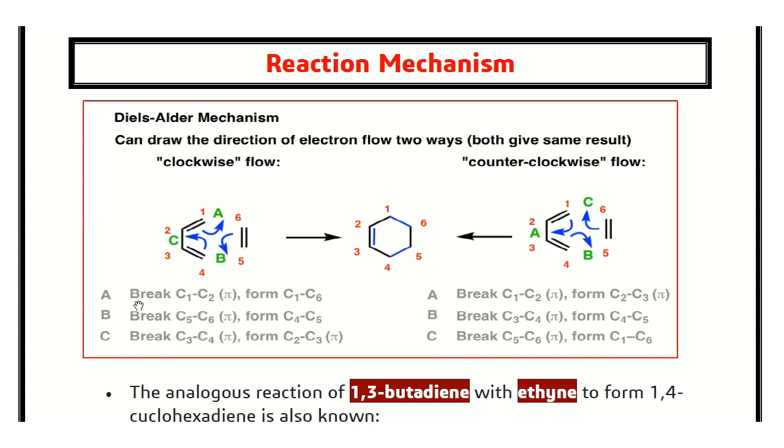So overall what we have observed is that the pi bond which is going to break down between carbon number 1 and 2 will ultimately form the sigma bond or single bond between carbon number 1 and 6, and the other pi bond that is present between carbon number 5 and 6 has been broken down and will form the sigma bond between carbon number 4 and 5, and the third pi bond which is present at the 3 and 4 carbon will be shifted and form the double bond or the pi bond between carbon number 2 and 3.